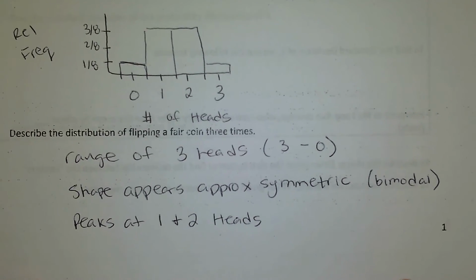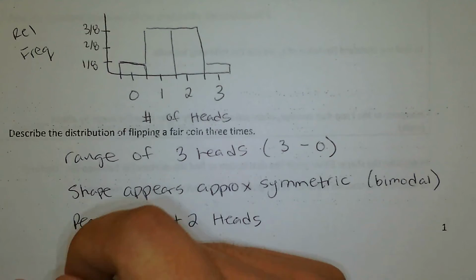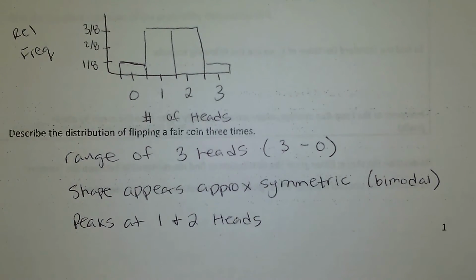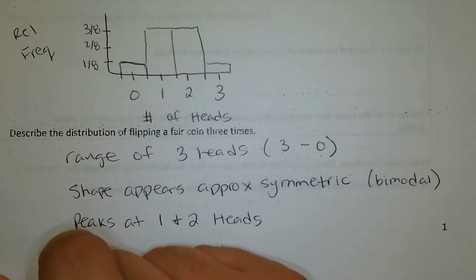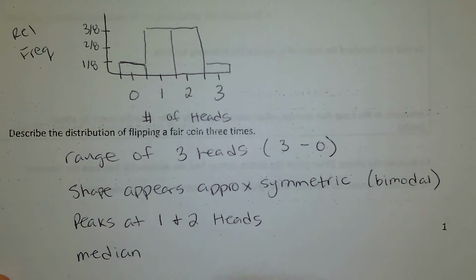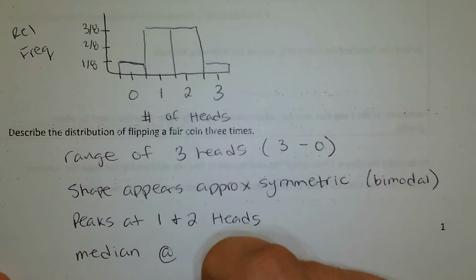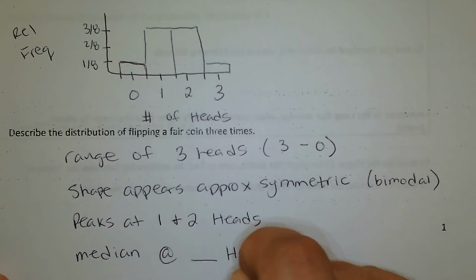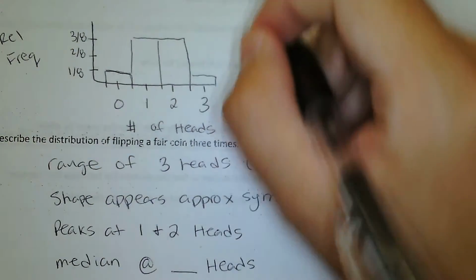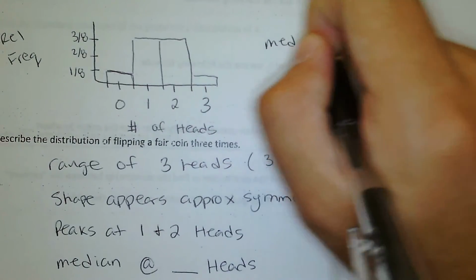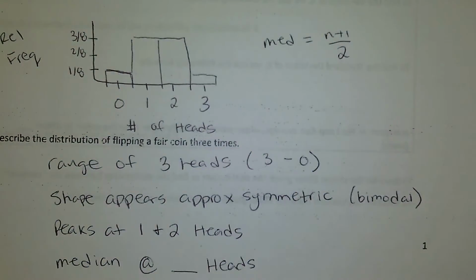And lastly, we need a measure of center. So we could technically find the mean, but we've typically described distributions using the median. So the median will occur at blank number of heads. Well, remember, good old median formula. So the median equals n plus 1 over 2.